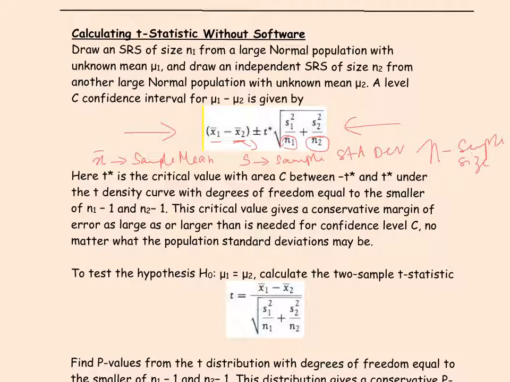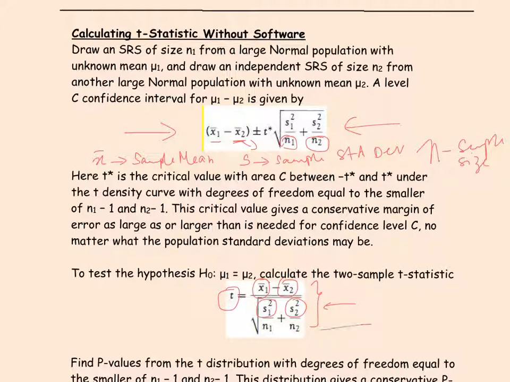Now, if we were doing a hypothesis test for a two sample problem, then this is how we calculate the t statistic, which eventually gives us the p-value. So this is the formula that we use. Again, notice x1 bar minus x2 bar, the means of the two separate samples. s1 and s2 are squared in this formula, where s1 is the standard deviation of sample 1 and s2 is the standard deviation of sample 2.